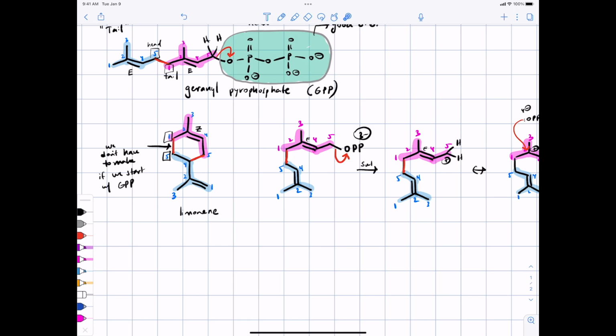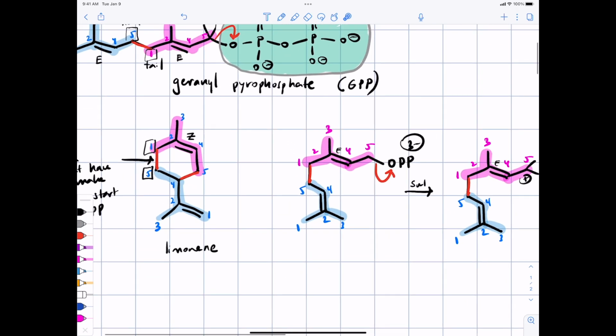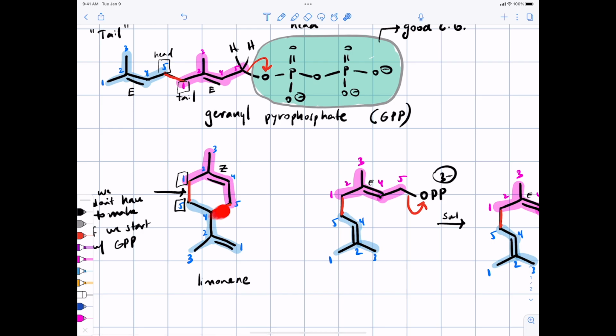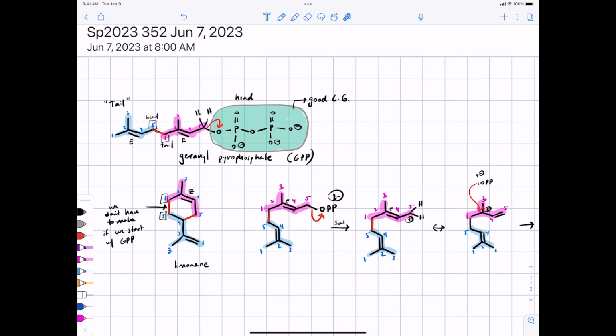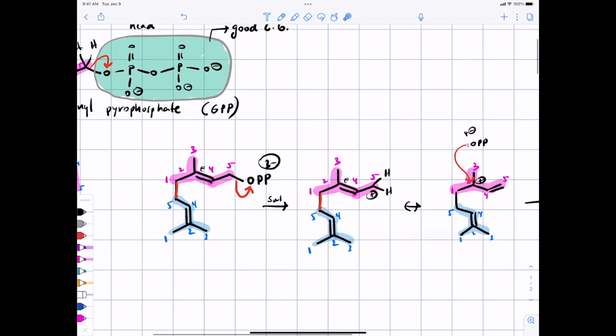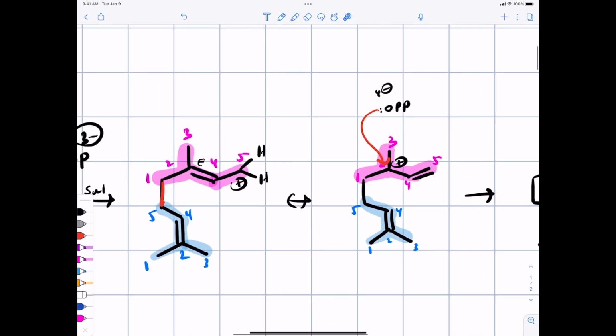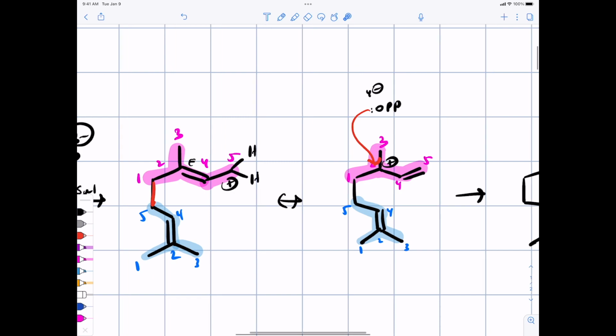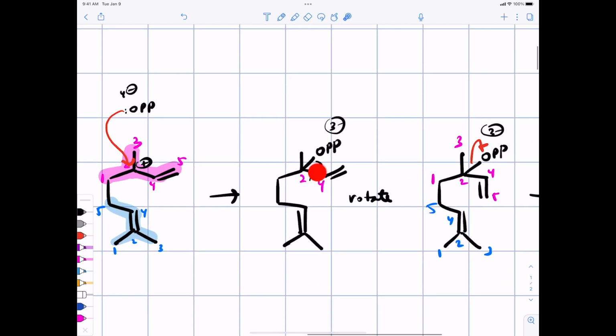And so to set up that situation where we can create a new sigma bond between carbon 4 of the blue subunit and carbon 5 of the pink subunit, we had to do a little isomerization, which is a quick SN1 type leaving group leaves to give a resonance stabilized carbocation intermediate. And if the leaving group comes back on tertiary carbon pink 2, that makes it so that the bond between 2 and 4 is a single bond now, not a double bond, which allows for free rotation.